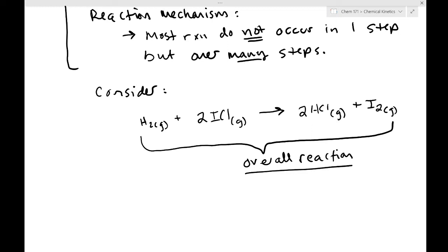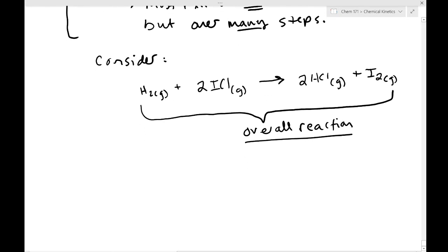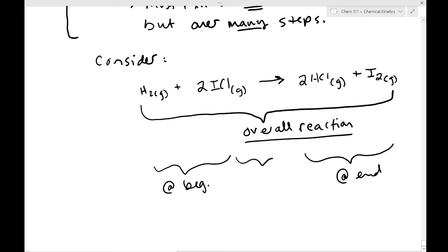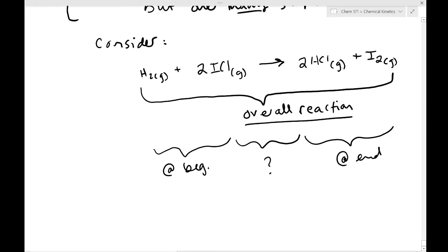What we want to do is figure out exactly what chemistry is happening, because this only shows what's at the beginning and at the end. It doesn't show any information about what's happening in the middle. That's what we want to know.